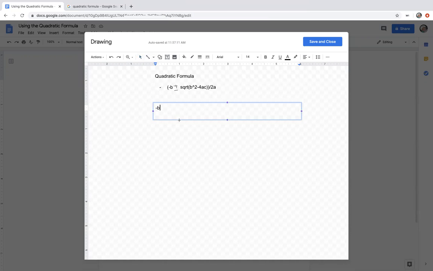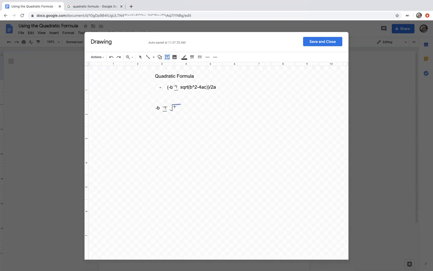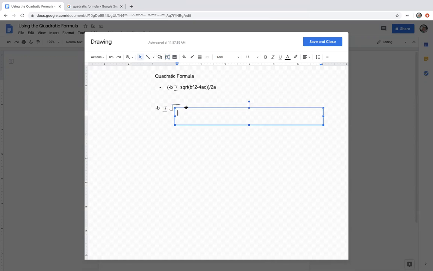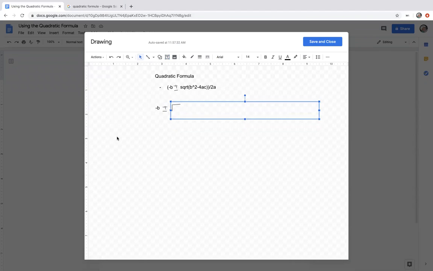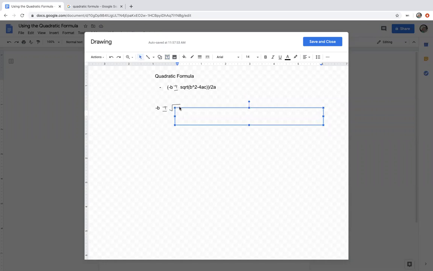So minus b plus or minus the square root of b squared minus 4ac.